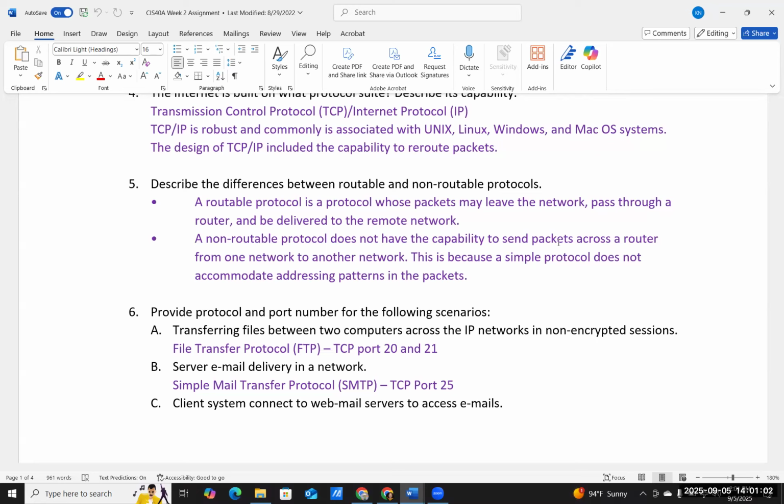File transferring protocol between two computers using an IP network, so TCP/IP, but it is not encrypted. That means that there's no security implementation, no algorithm that changes the data format into non-readable data. This is known as FTP. And FTP uses port 20 and 21.